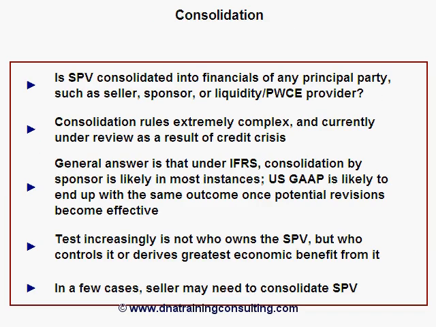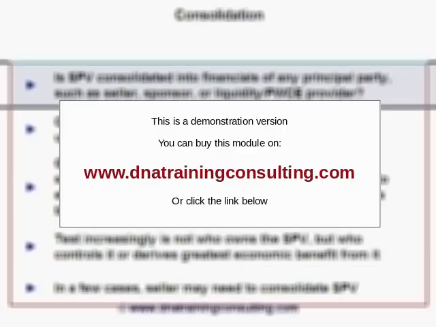A related accounting issue is whether the conduit, or SPV, is truly a standalone entity with its own independent financial statements, or needs to be consolidated into the financial statements of one of the key parties, such as the sellers, the sponsor, or perhaps the liquidity or PWCE provider.